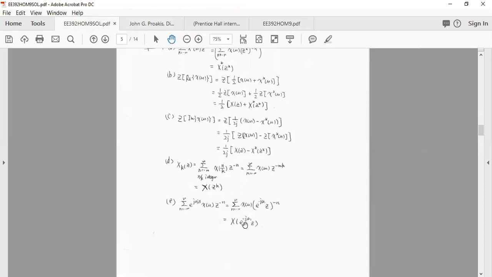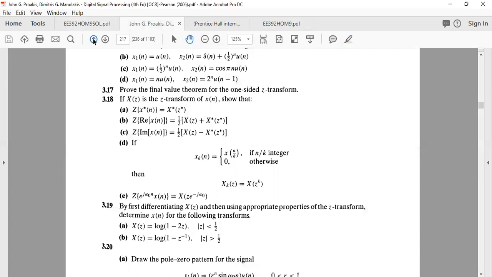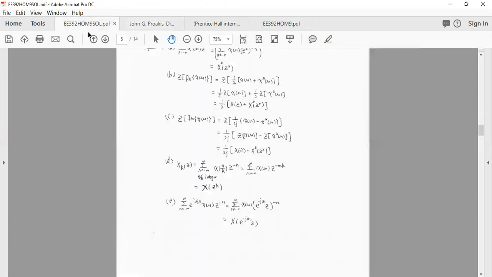Using this transform definition, we can rewrite it as this, right? And then we can group these two terms, e to the power of j omega naught n with z to the power of negative n, and regroup it as one term raised to minus n. So it is basically the z transform in terms of e to the power of minus j omega naught z, right?